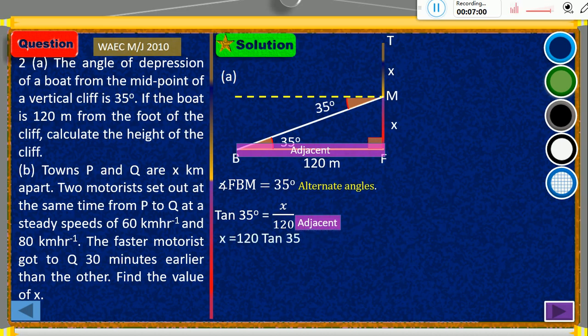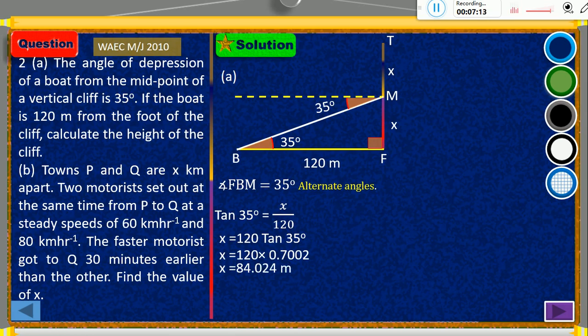So X is equal to 120 tan 35. Use your calculator to find the value of tan 35 and multiply by 120. So X is equal to 84.024 meters.